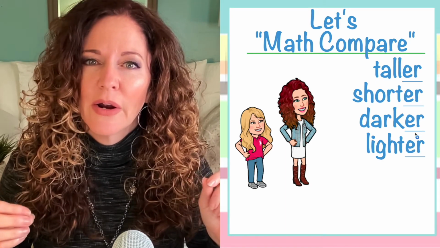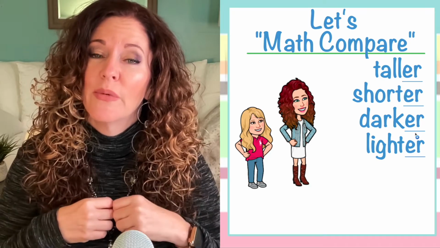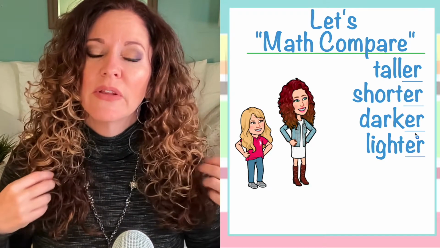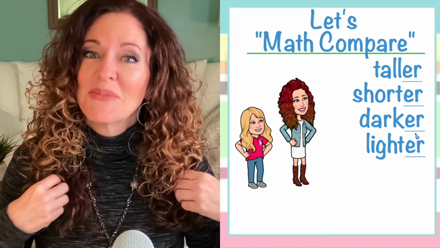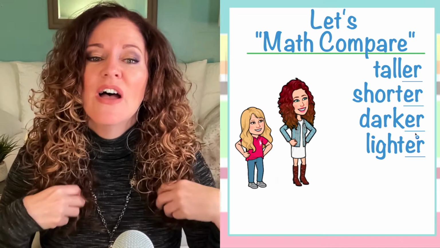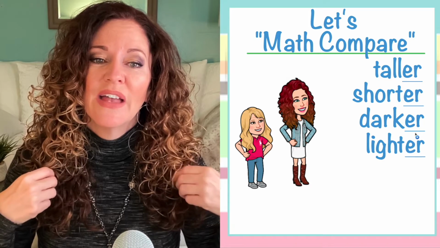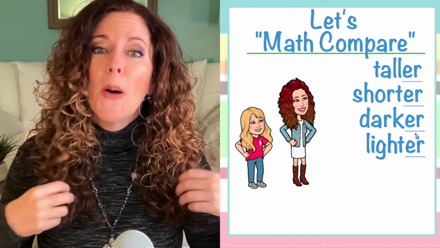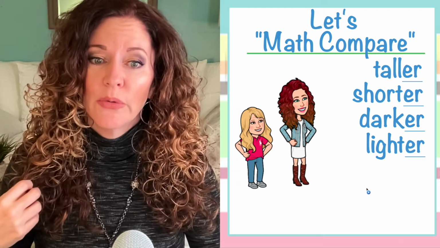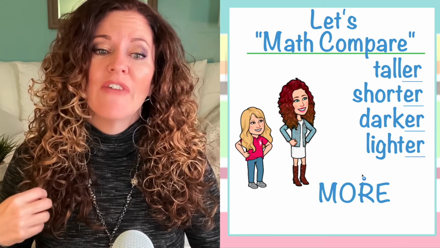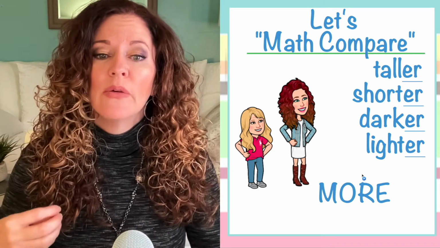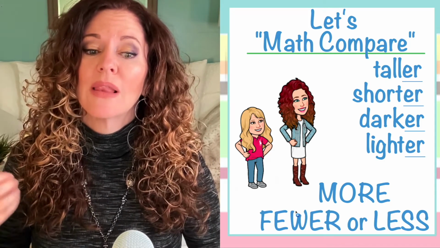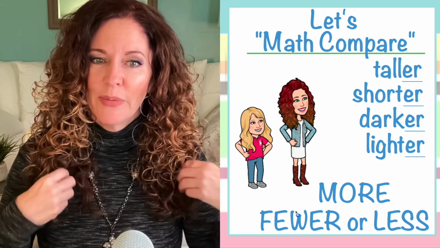There's another word or a group of words that helps us know that we are comparing. So let's look at Miss Purser's hair versus Miss Bruno's hair, okay? If we were to look at my hair and see that mine is curly, my hair would have more curls than Miss Bruno's. Miss Bruno's hair would have fewer curls or less curls than Miss Purser.